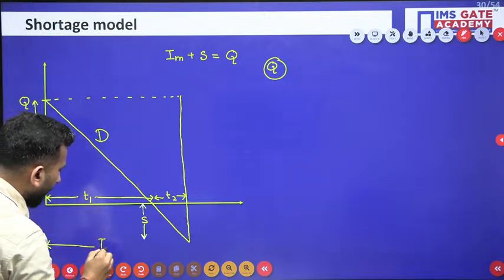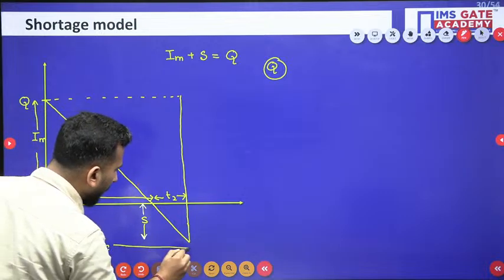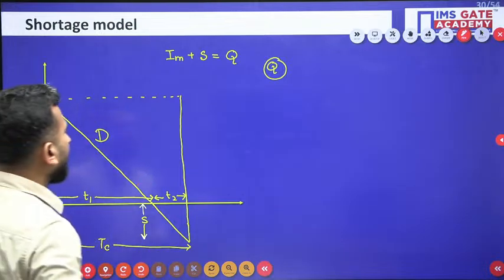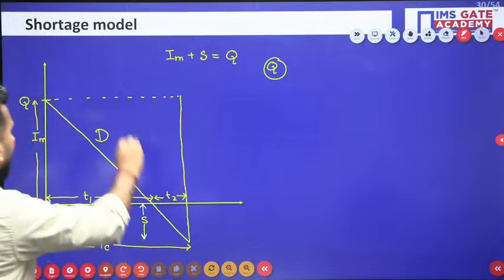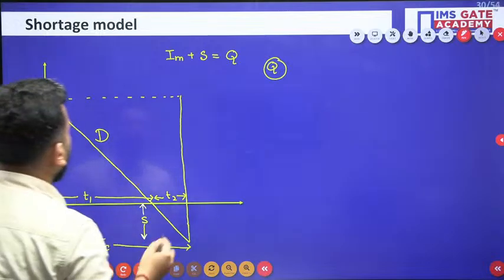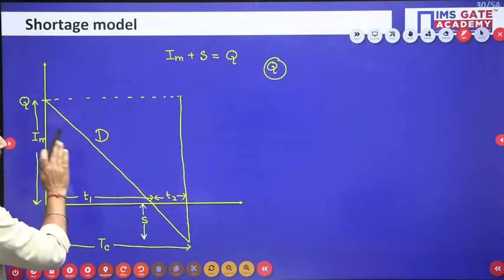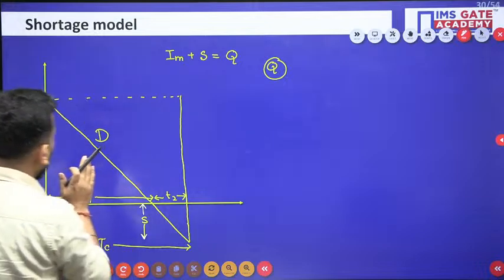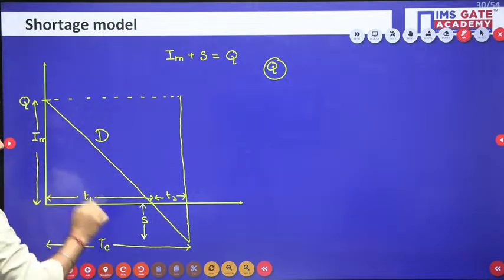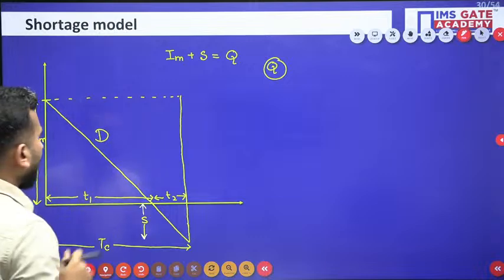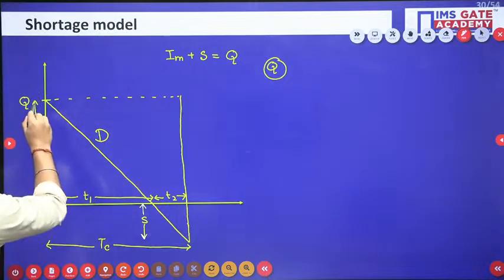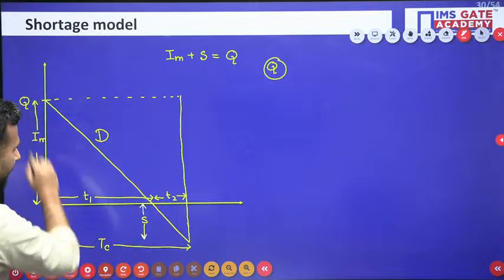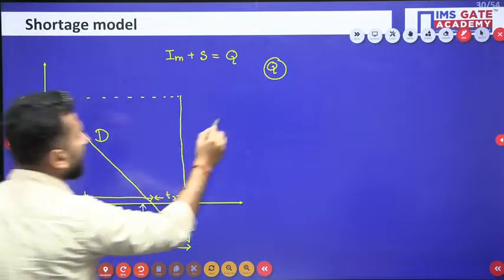So this is the one cycle that you are looking at. As I already said, we should always remember the figure in case of inventory, and you can clearly see 3 triangles over here. One big triangle covers the entire cycle time.